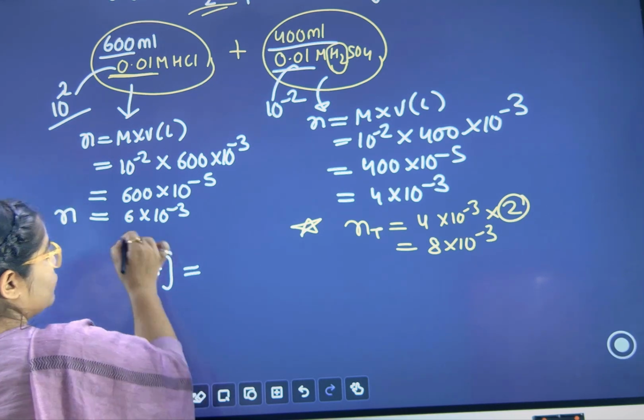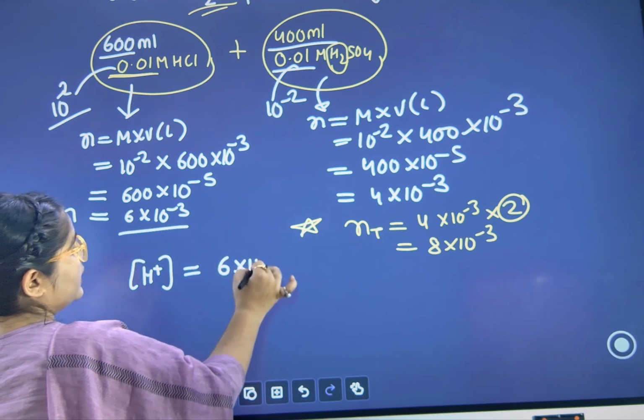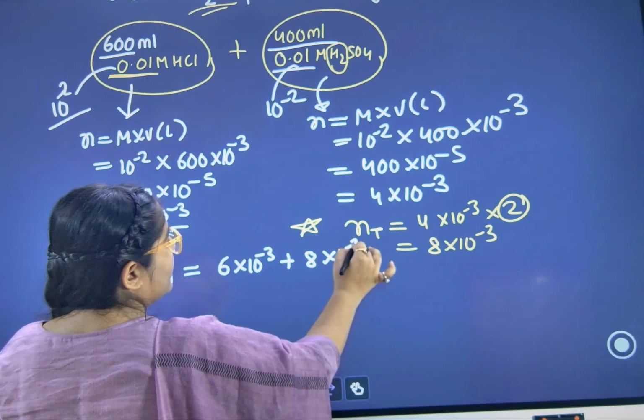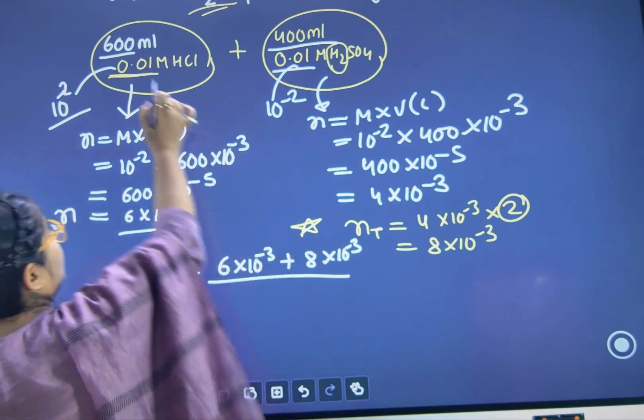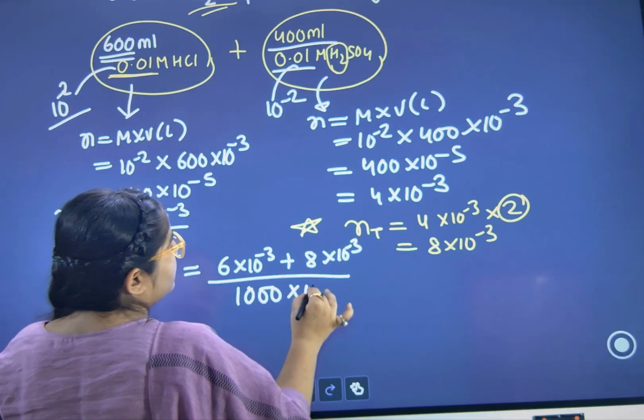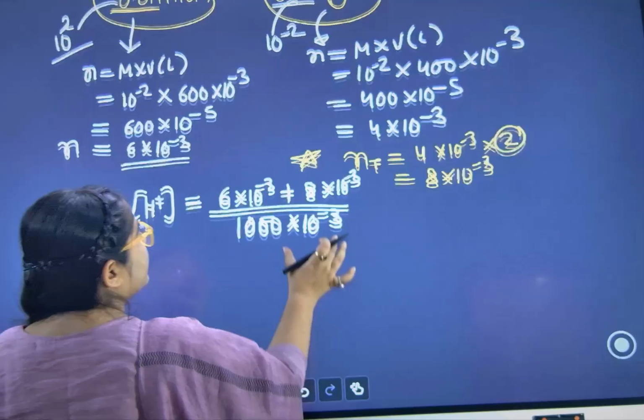So how much total mole we are getting? 6 into 10 to the power minus 3 plus 8 into 10 to the power minus 3 divided by total volume 600 plus 400, 1000 ml. So multiply by 10 to the power minus 3.